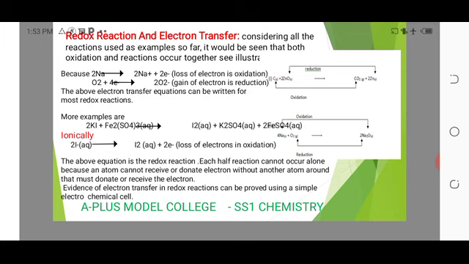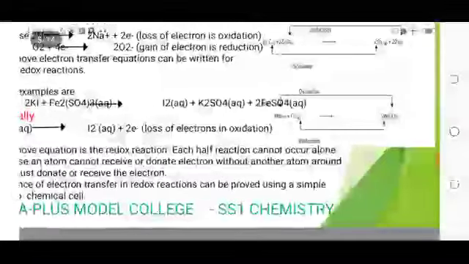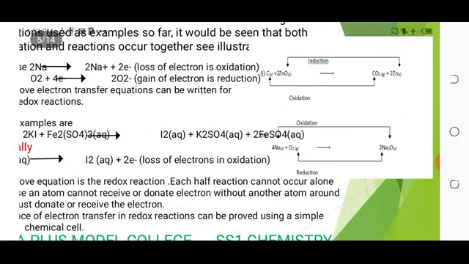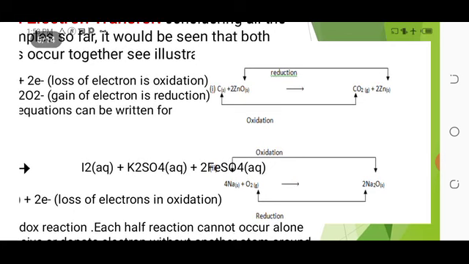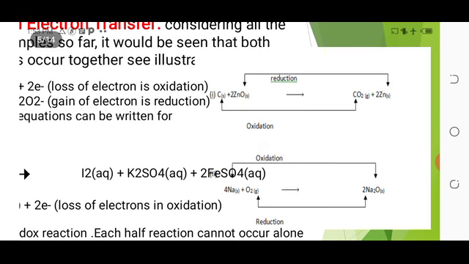We have first one, carbon reacting with zinc oxide, forming carbon 4 oxide plus zinc.